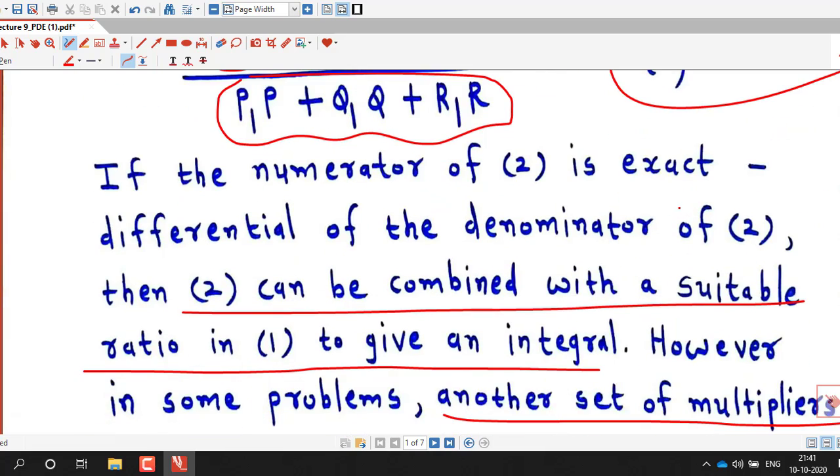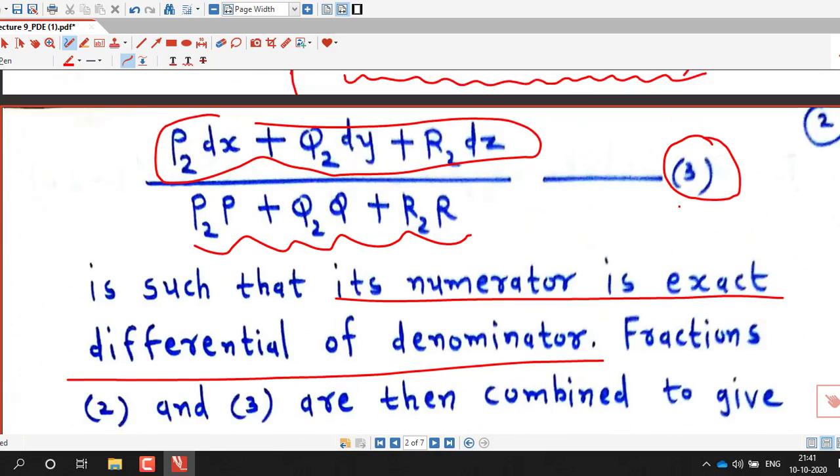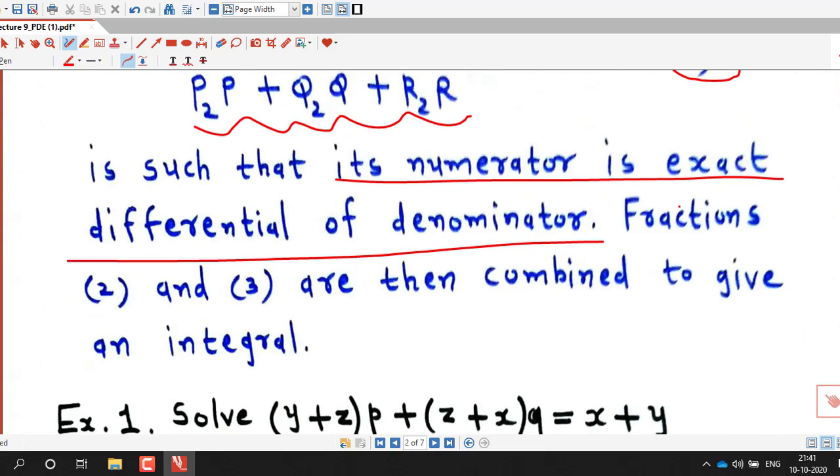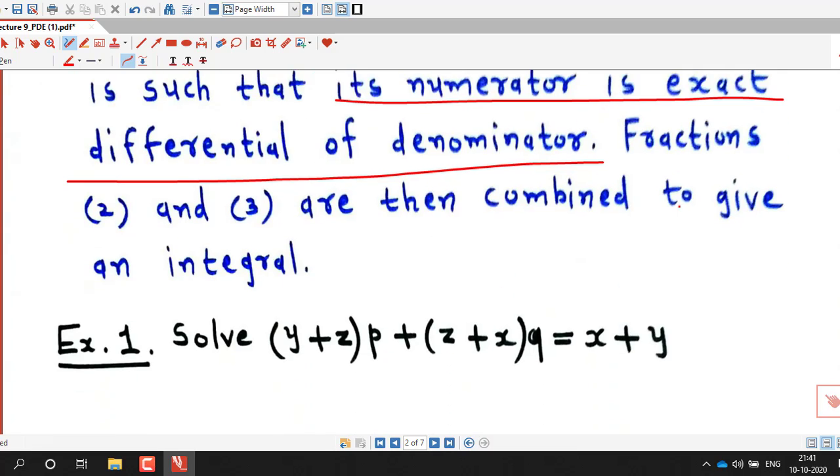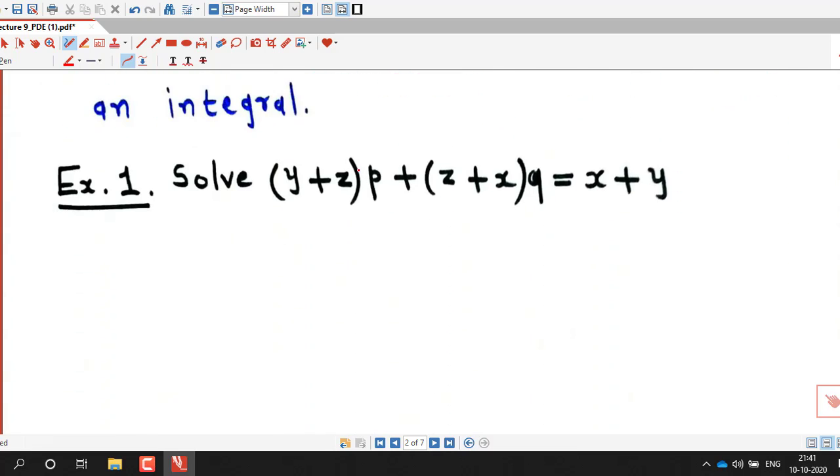So we can combine fractions 2 and 3 to find out the integral.